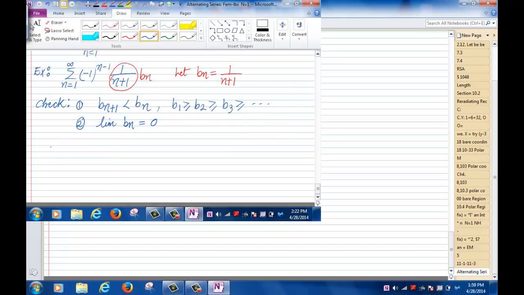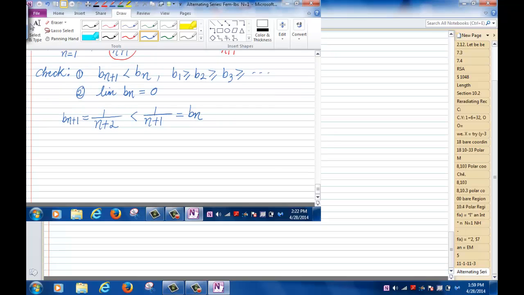Well, let's check the first one. Is the first one correct? Well, what is Bn plus 1? Bn plus 1 is 1 over n plus 2. Can I say that it is less than 1 over n plus 1, and 1 over n plus 1 is Bn, which definitely I can see that that's true.